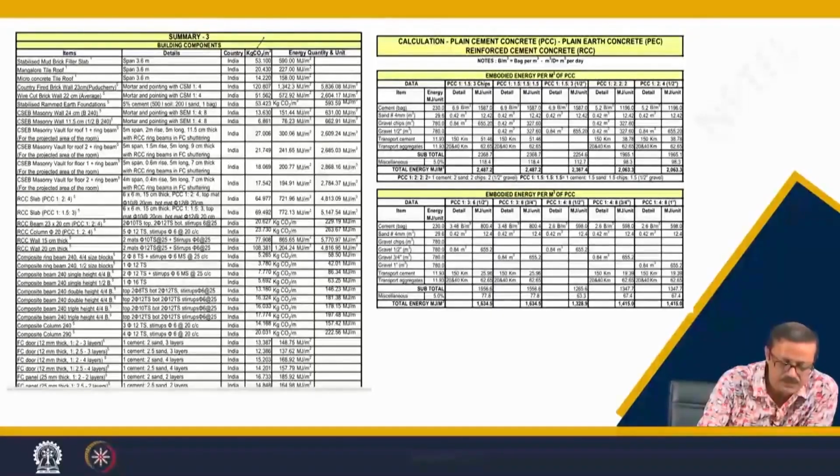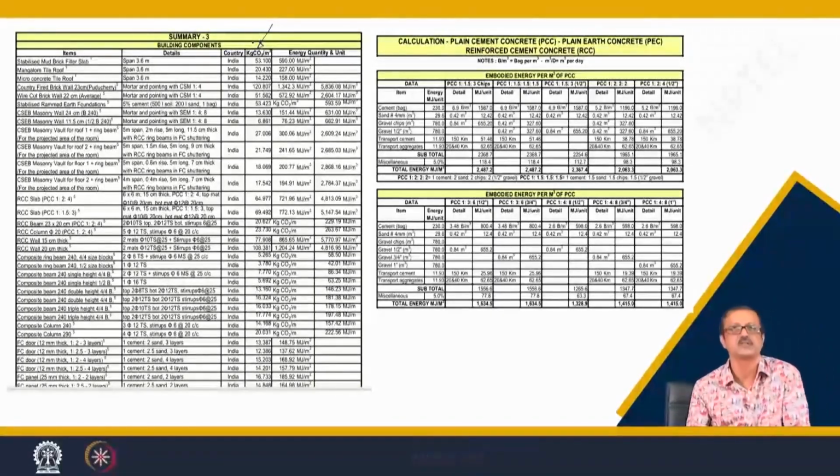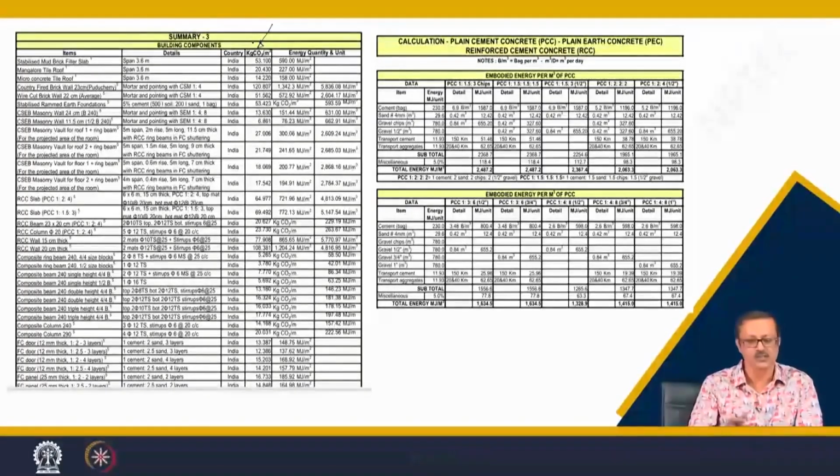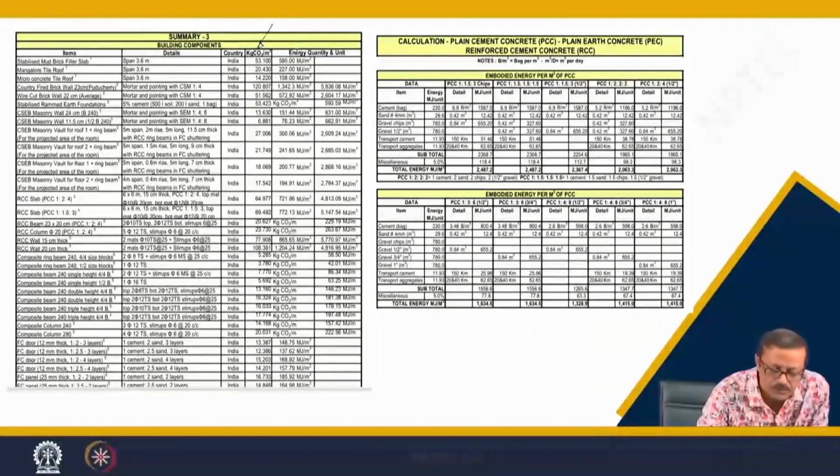See, how many kg of carbon dioxide per meter cube of that material is listed in column number 1, and the energy quantities are also mentioned in megajoule per meter cube.